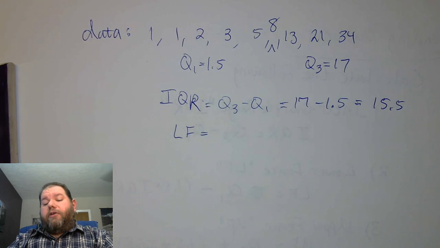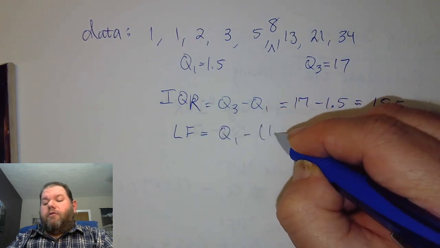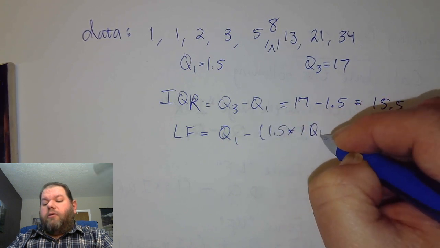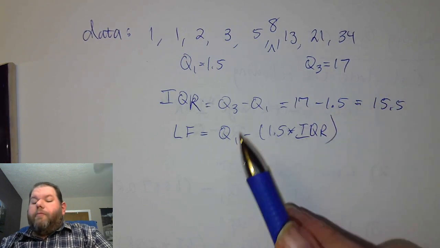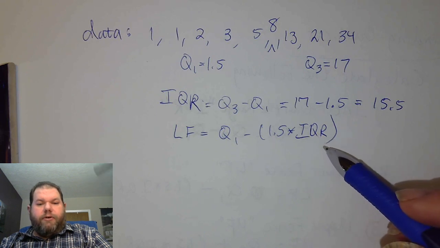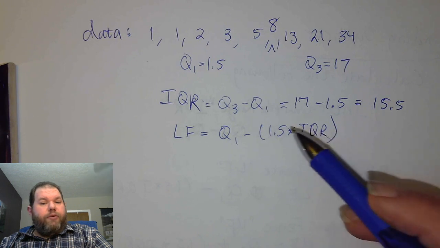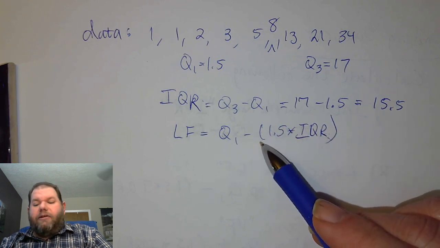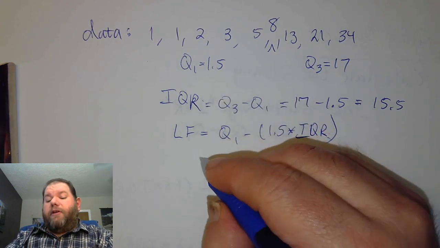Next, we want to calculate our lower fence. Now, our lower fence is Q1 minus 1.5 times the interquartile range. And I put these in parentheses to indicate that we need to complete this operation first before we do our subtraction second. So Q1 is 1.5. We'll plug that in.